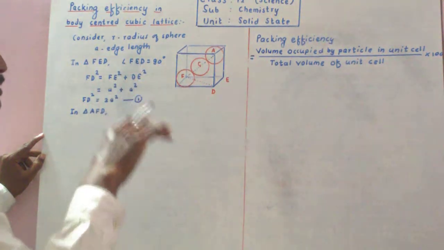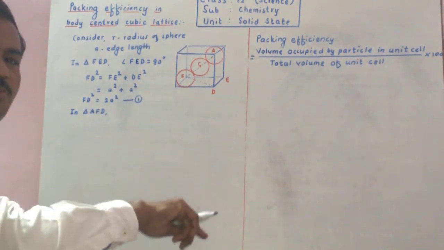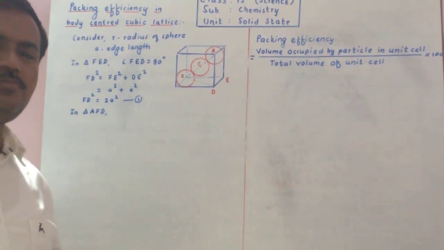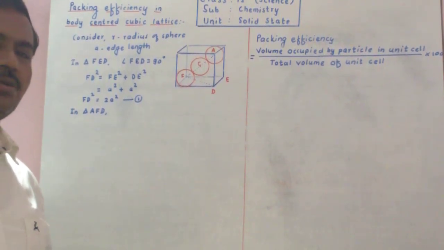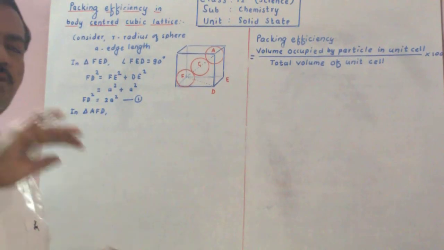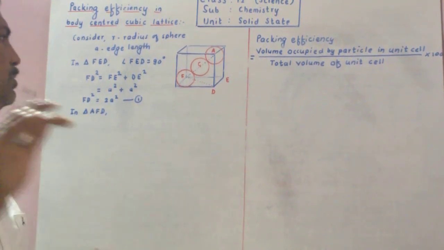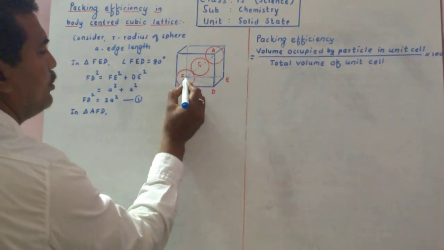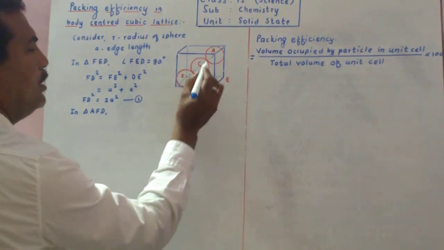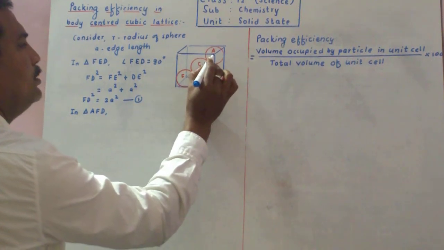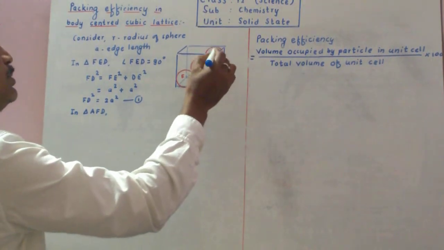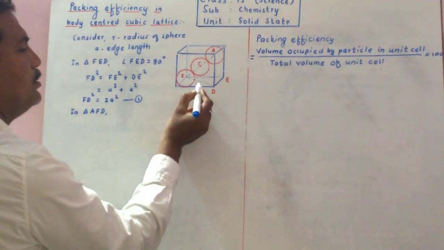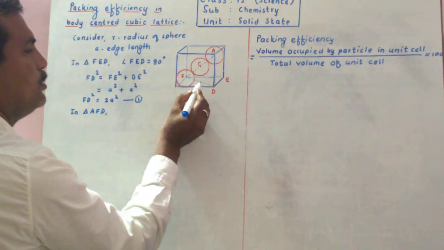Then consider from the bottom of one corner to the upper side of another corner. So that will be the longest diagonal of that room. So the point F is at the bottom of the cubic unit cell, and point A is on the upper side of that cube, which is longer than this FD.